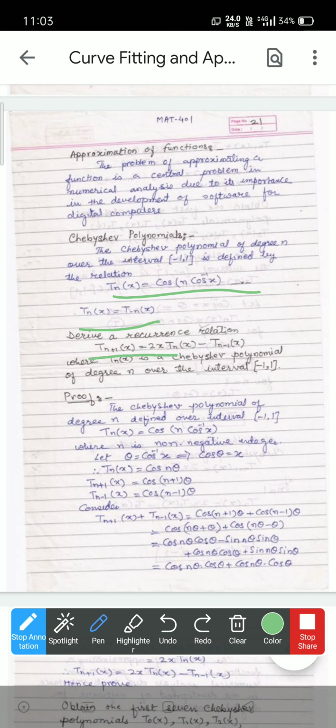Here is the recurrence relation on the basis of Chebyshev polynomial, that is Tn plus 1 of x is equal to 2x Tn of x minus Tn minus 1 of x.